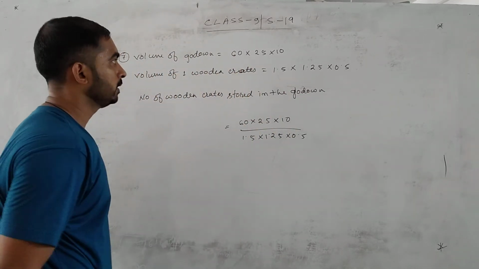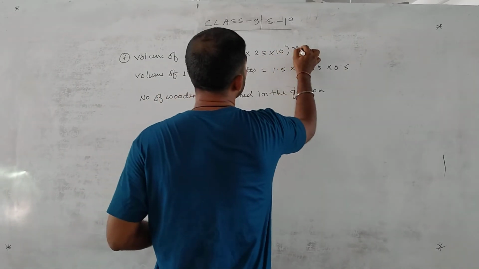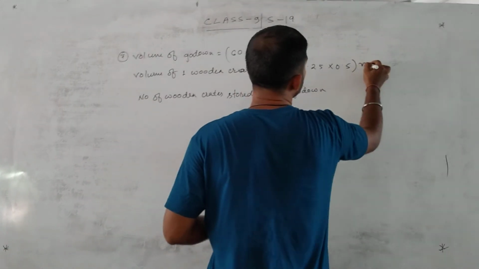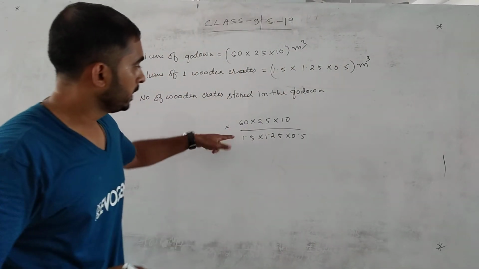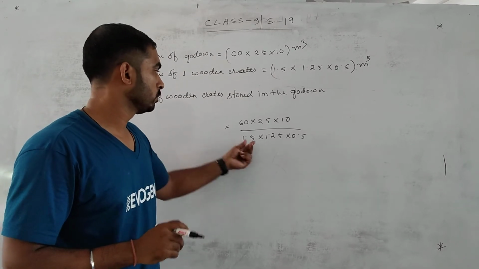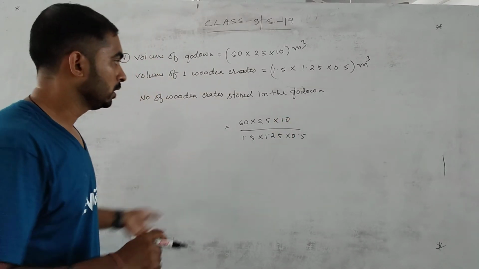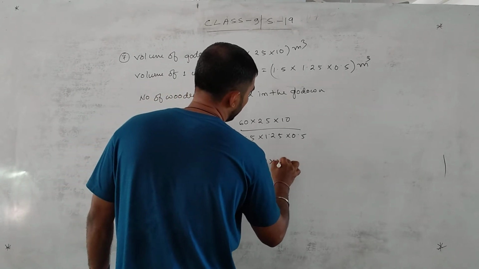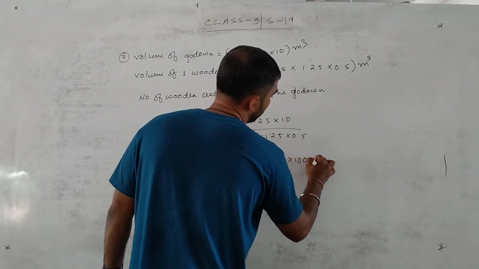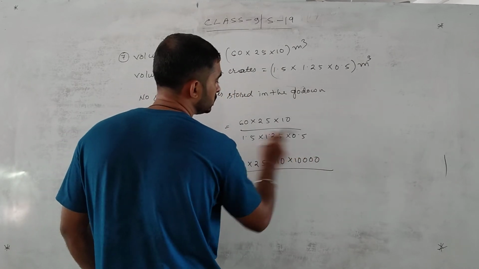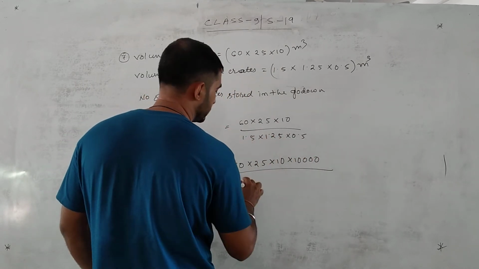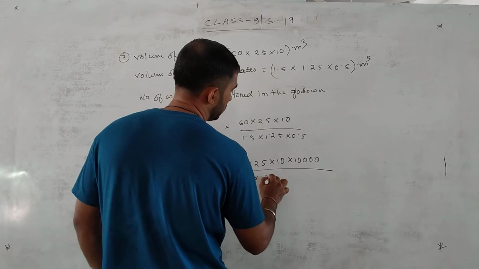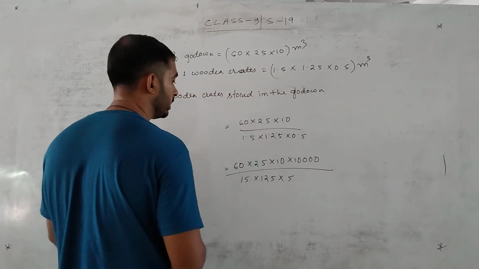All in meters, so cubic meters on both. But here, in the denominator there are 4 decimals. So if we remove the decimals, then in the numerator we have to multiply by 10,000, 4 zeros. Then the decimal will be removed from the denominator.